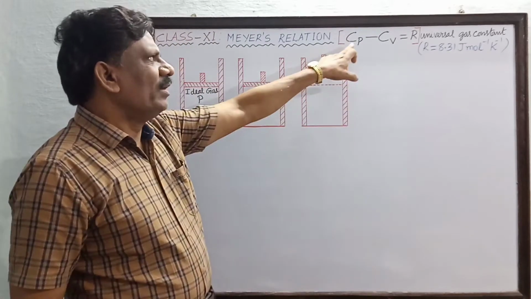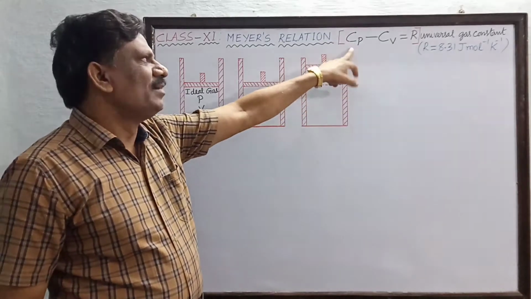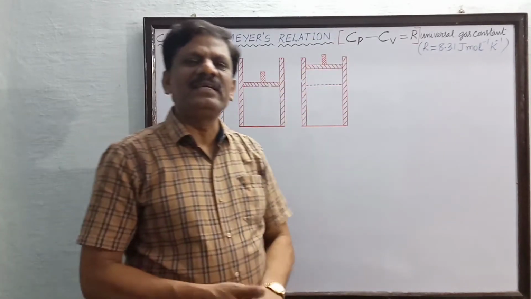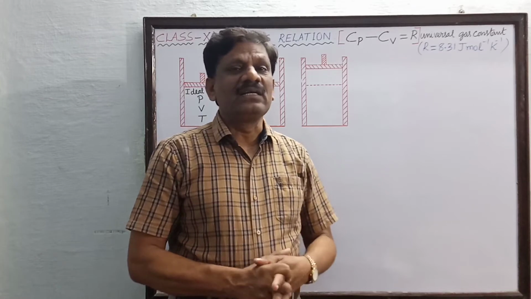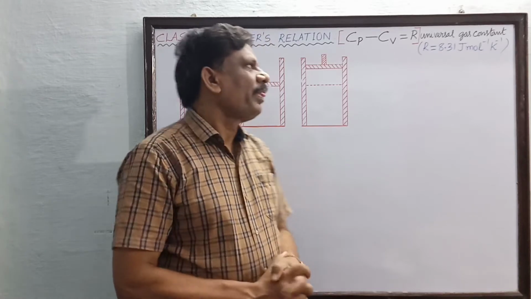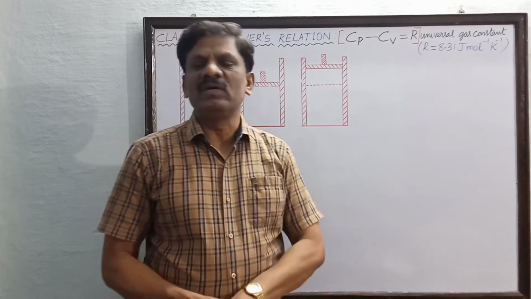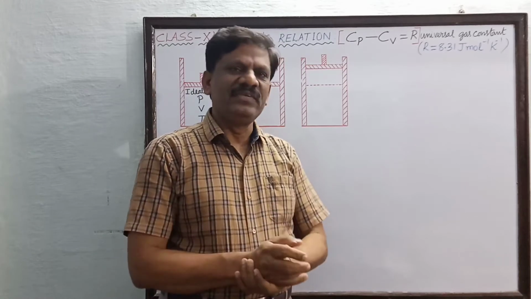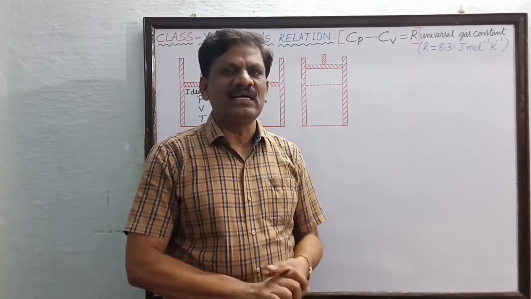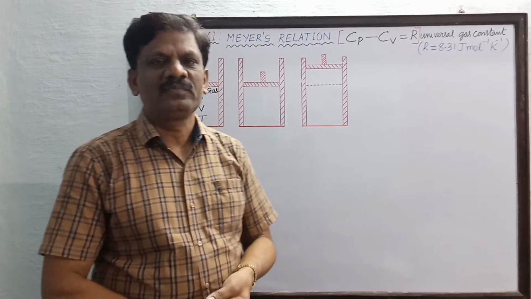Okay, what is Cp? It is the molar specific heat capacity of a gas at constant pressure. And Cv means what? It is the molar specific heat capacity of a gas at constant volume.